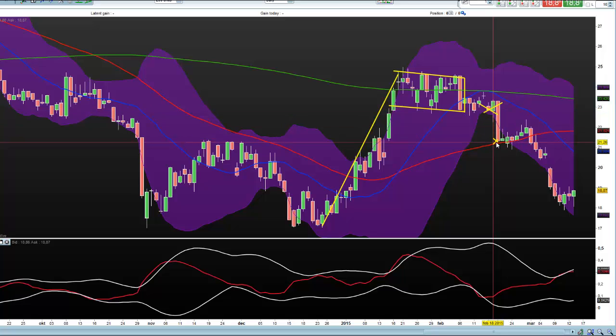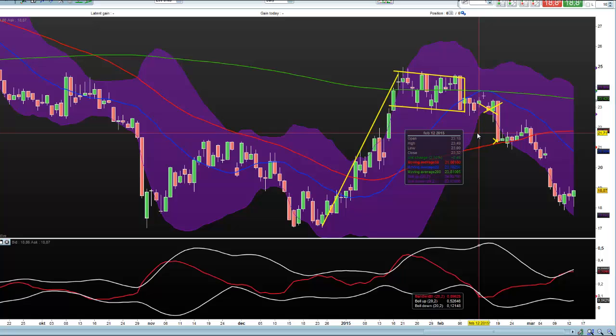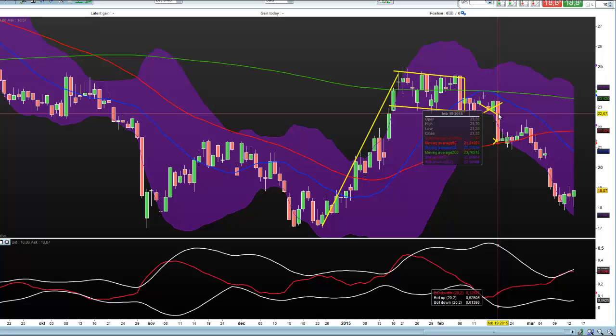But from 23 to 25, that's 8%, and that's a pretty big loss in just a month's time.